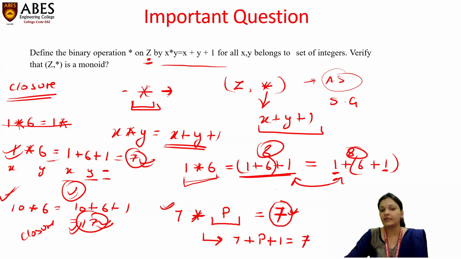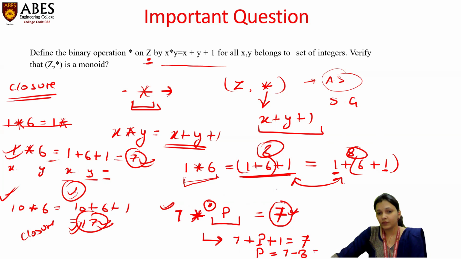This is the way to find the identity element. If we apply the operation to any element of the set, then the other operand should be such that we get the first element as the result. So here we will find the value of P. So P will be minus 1. This is the identity element here.